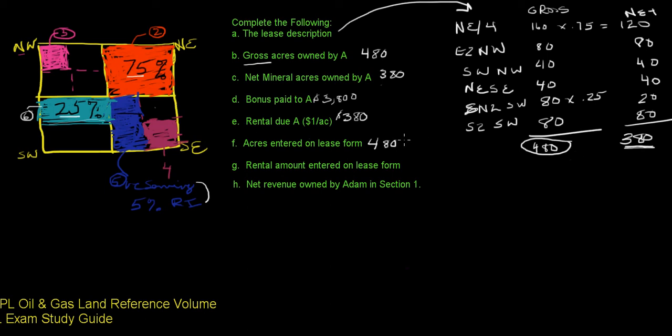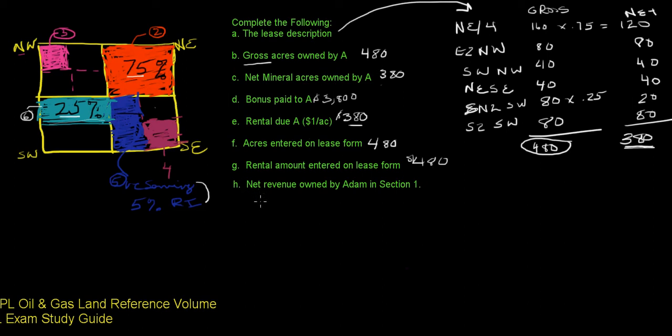And that's because we know we have that proportionate reduction clause in the lease that allows us to do that. The rental amount entered on the lease form is going to be the same thing, $480. Even though we know the actual rental payment is going to be on the net, what we can put in the lease form is $480.